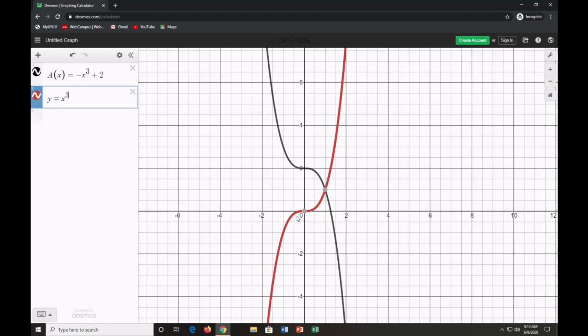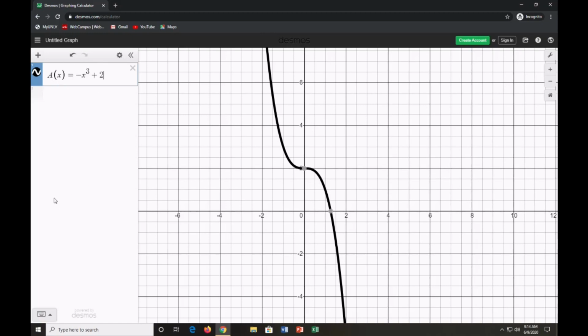We're moving up from left to right. We read graphs from left to right. But I'm going to delete this. But this minus x cubed plus 2 is a decreasing function. You see that? From left to right, we're declining. We're moving down. Okay, that's because of that minus in front.